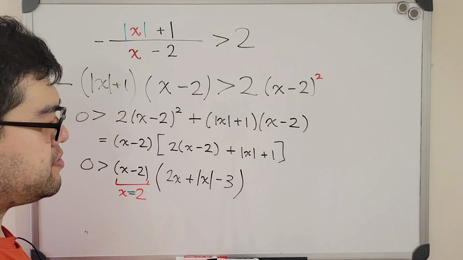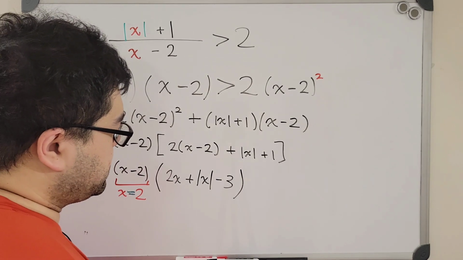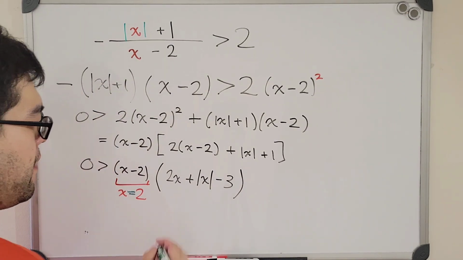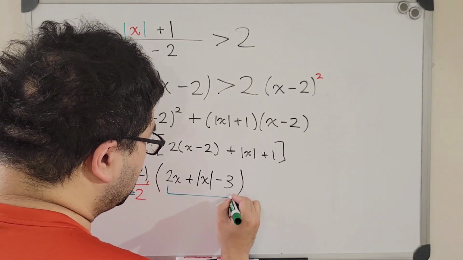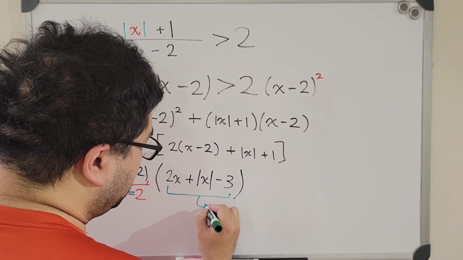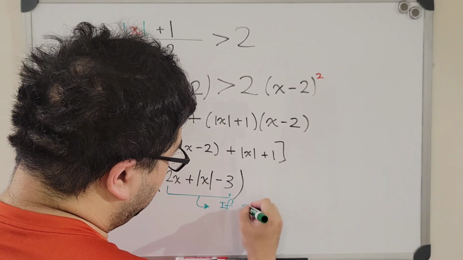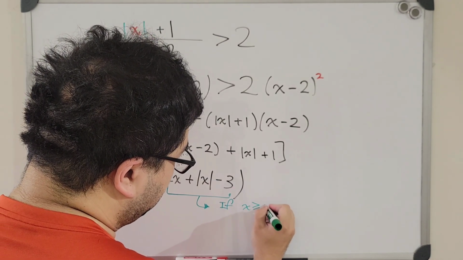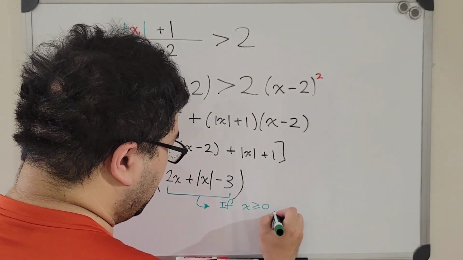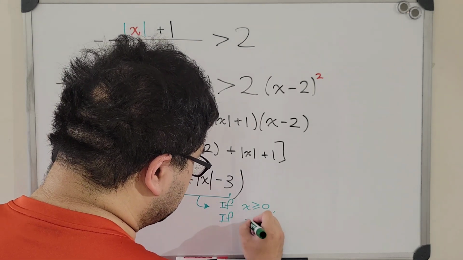Of course, it could be 0. 0 will be lying on both cases, so you can choose one or another. Meaning, for this part here, we now need to consider two cases. If x is non-negative, and if x is negative.